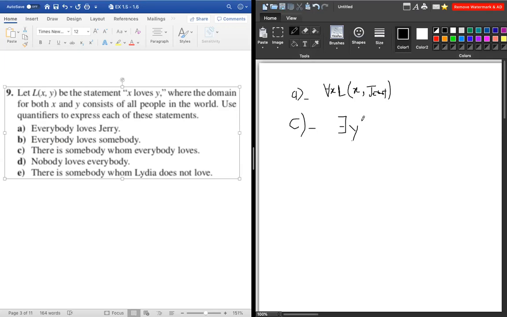So everybody, then we use the function L, and then we put here X and Y. Because we're saying there exists someone whom everybody loves.